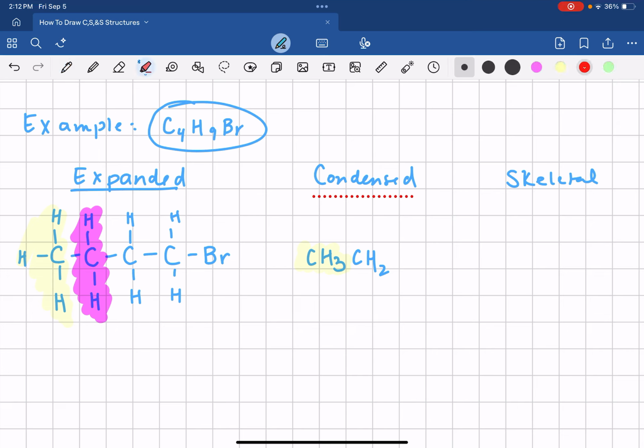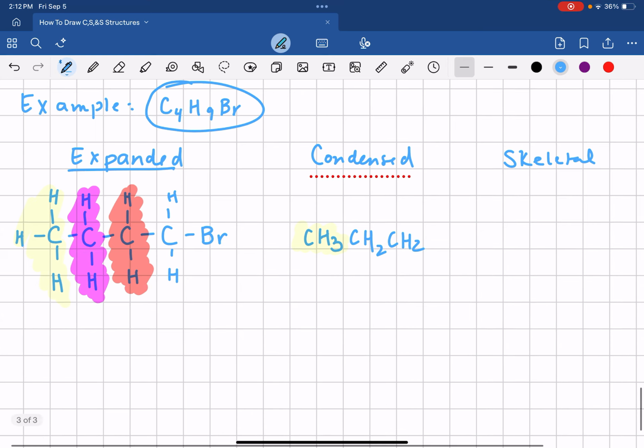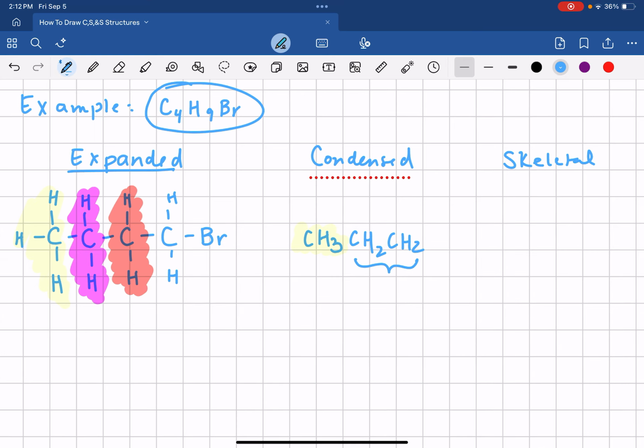If we take this structure right here, it's also CH2. Usually, if it's 3 or more CH2s, say we had 4 CH2s, then you can shorthand abbreviate like that. But since it's only 2, you can write it out like I have done.